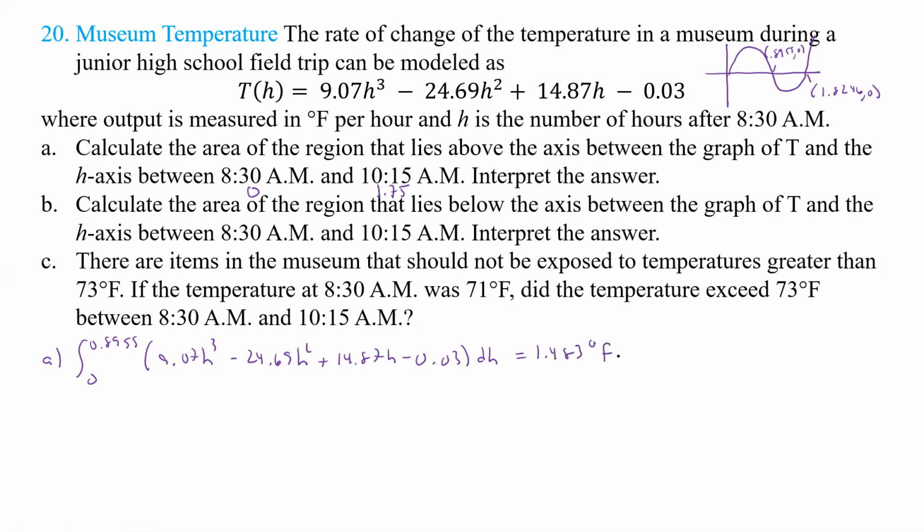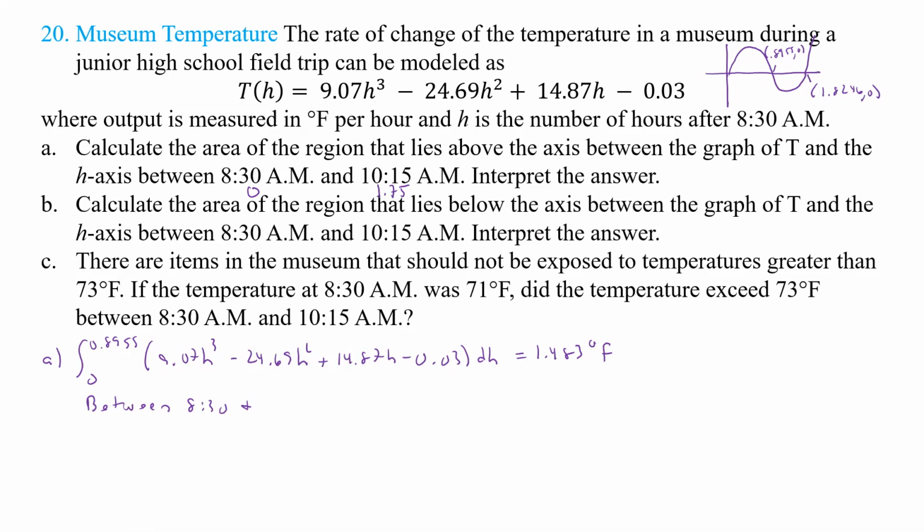Okay, interpret the answer. Well, between 8:30 and 0.8955. Let's do that quickly on our calculator. 0.8955 times 60. So that's 53.73. So that's going to be 9, and that's going to be 54 minus 30.